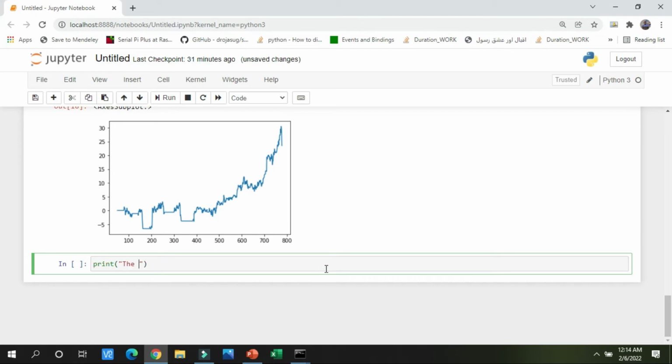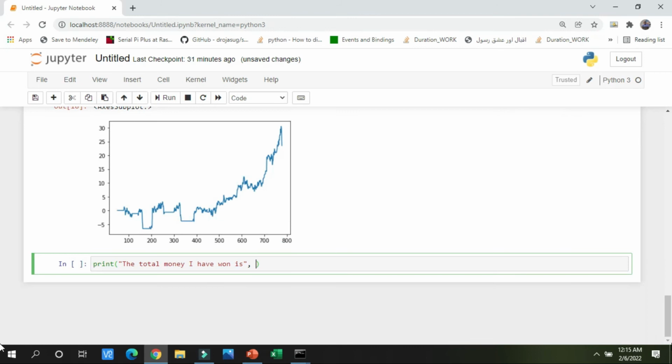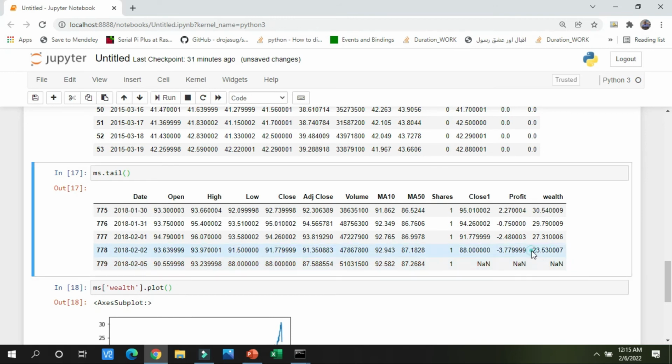If someone asks, sir, how will you calculate the total money? This whole dataset is known as MS. So I am writing MS and I want to print the last value, but I will not print the empty value. It is the second last value because the last one is empty.